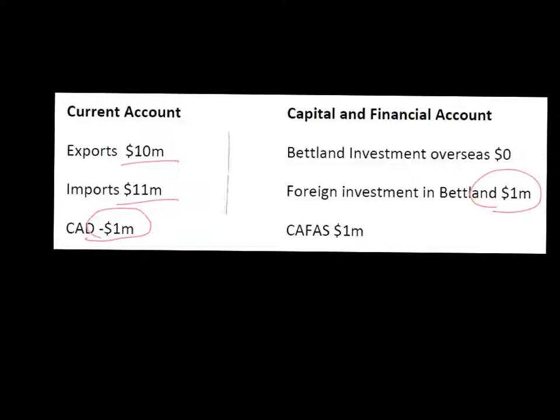So if B stands for Betland, $1 million has left the economy through import spending, and the $1 million has to come back into the economy through the form of borrowing, also known as foreign investment. And so the capital and financial account surplus means that $1 million of foreign investment has come into the economy to pay for the $1 million of extra import spending that left the economy.